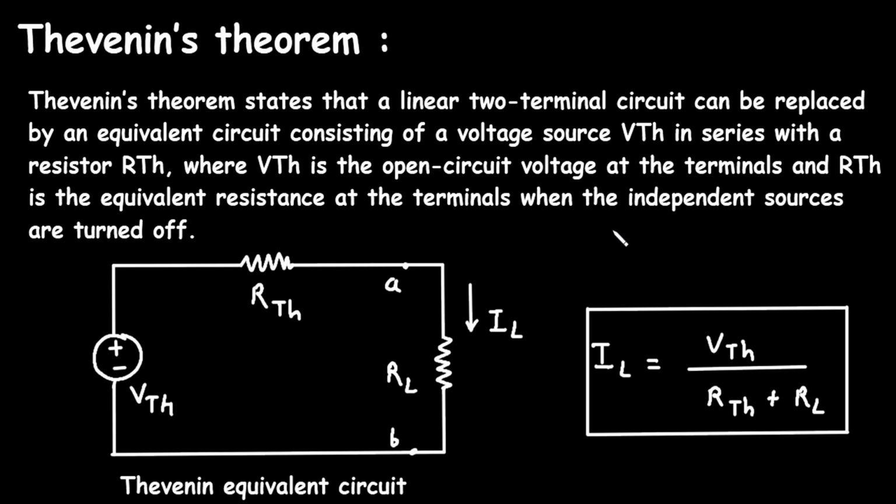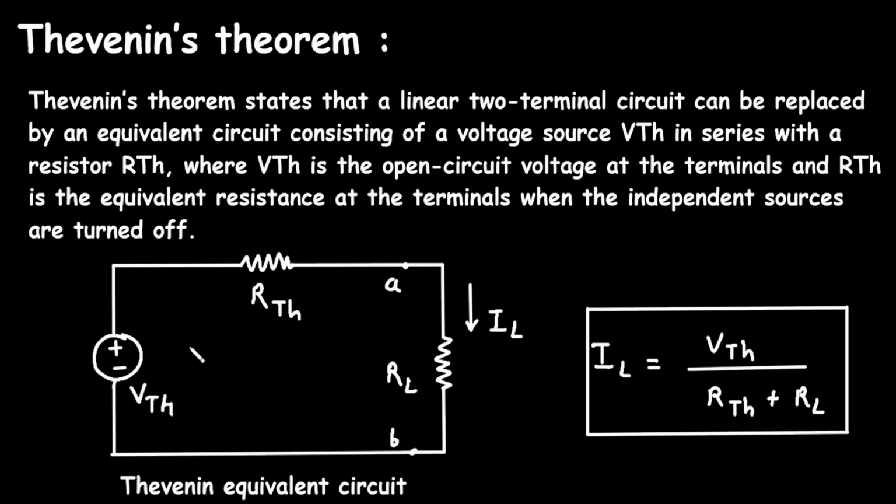And when we turn off a current source, we replace it by an open circuit. So remember that for a voltage source we short circuit the terminals, and for a current source we open circuit the terminals.